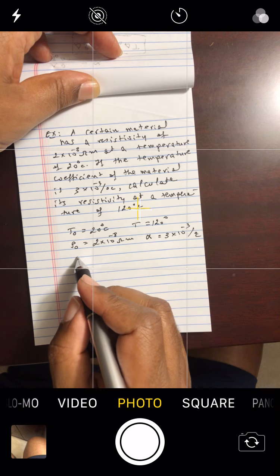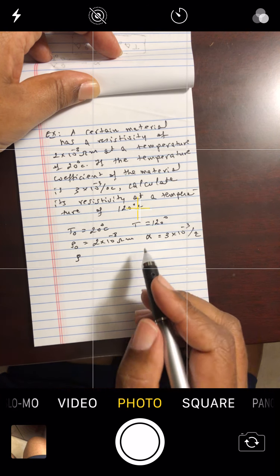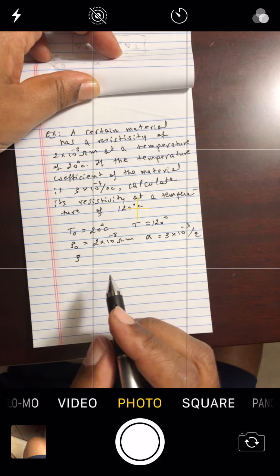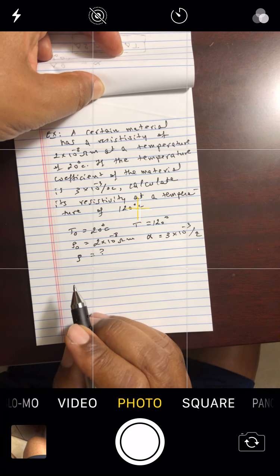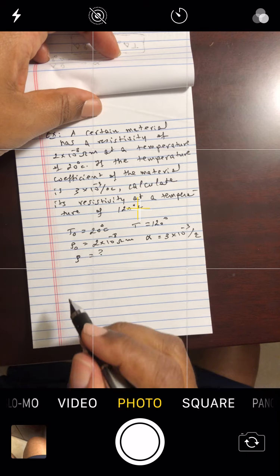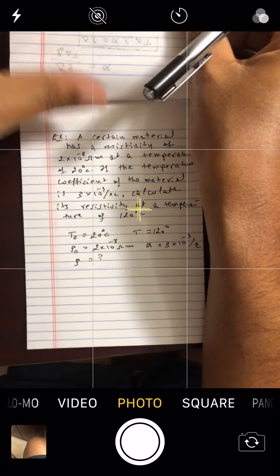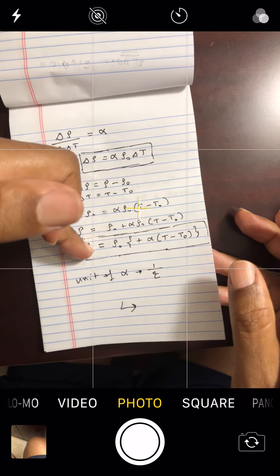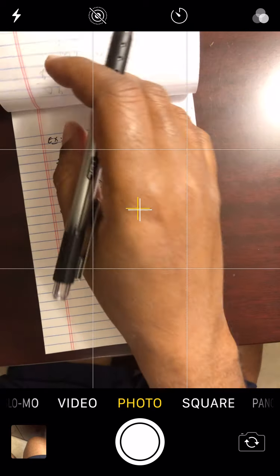The question is to calculate the resistivity at 120 degrees centigrade. In this case, we're looking for the resistivity at a particular temperature, so we can use this formula over here.